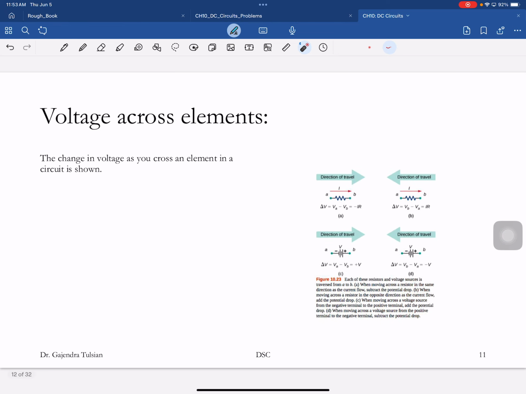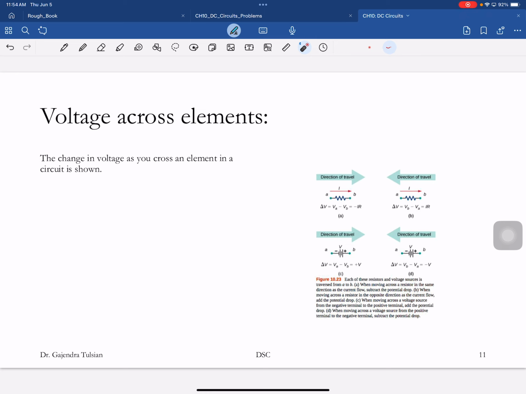Now here are some of the rules that you have to know. If this is a resistor and current is flowing in this direction, current flows from a higher voltage to a lower voltage. So when you go in the same direction as the flow of current, you're going downhill.